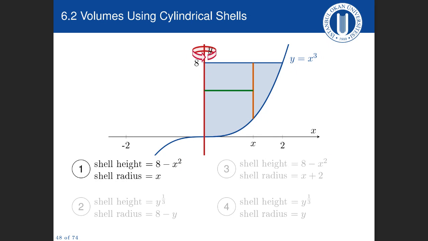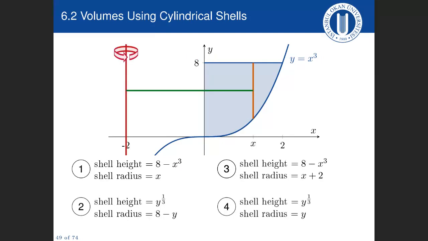Now let's do another one. Now the axis of revolution is x is equal to -2.